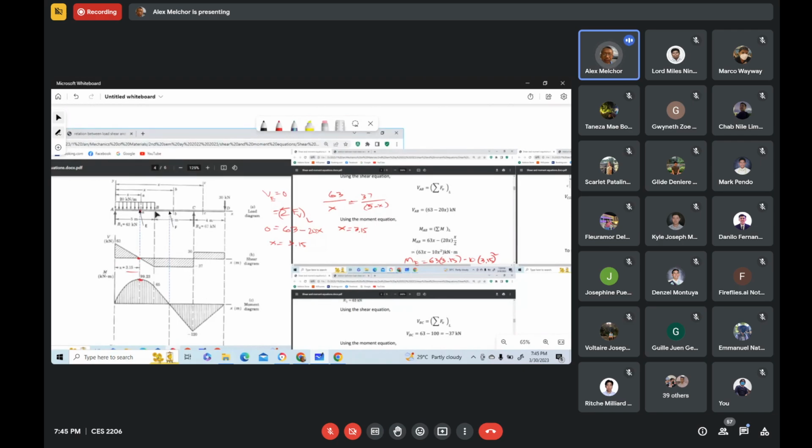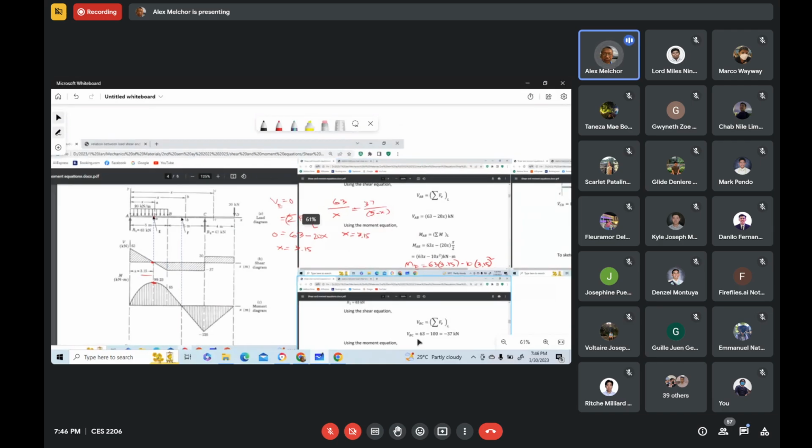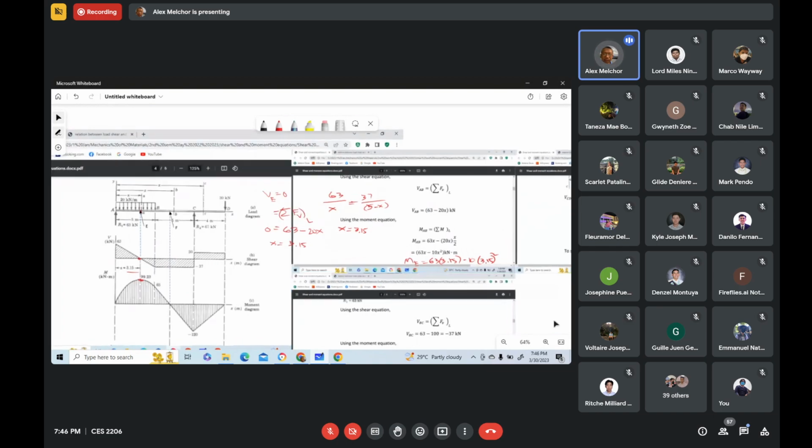So now we proceed with the moment at B. If there are no questions. Okay, the moment at B is equal to, we use the moment equation for segment AB, or you can use the moment equation for segment BC if you want, because B is the boundary between those two segments.